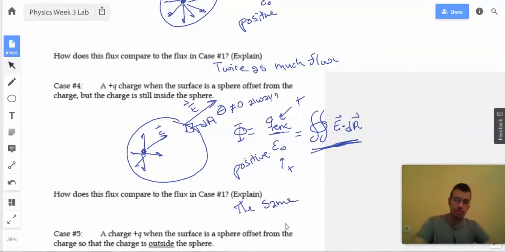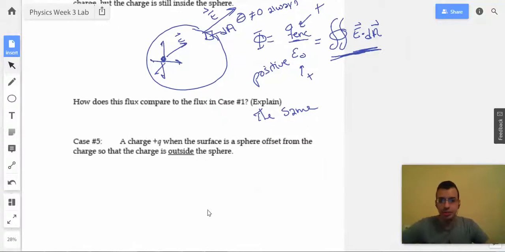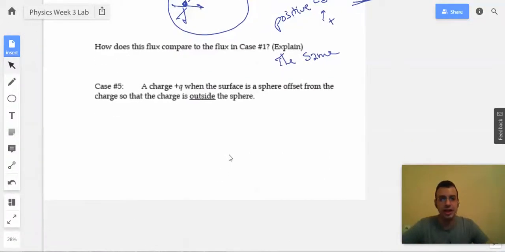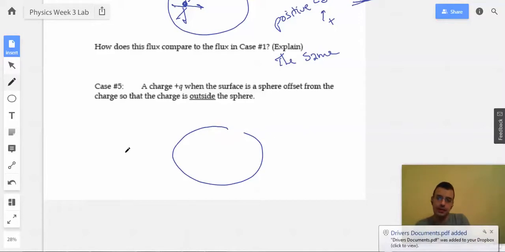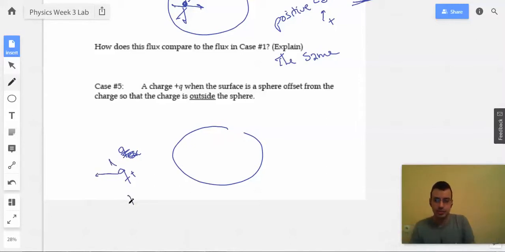All right. A charge plus q when the surface is a sphere offset from the charge, so the charge is outside the sphere. We have a q right here, positive. It shoots off electric field lines in every which way.